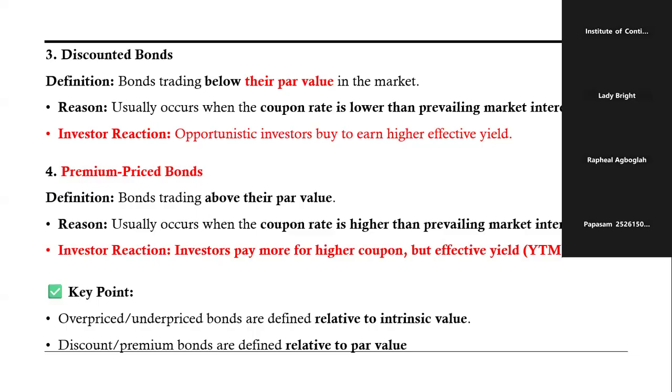And investors will be willing to pay more because of what they intend to gain from the bond in the future. And when the bond is discounted, other groups of investors will buy at its discounted price with the hope that prices will shoot up.